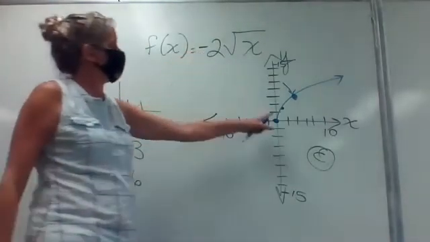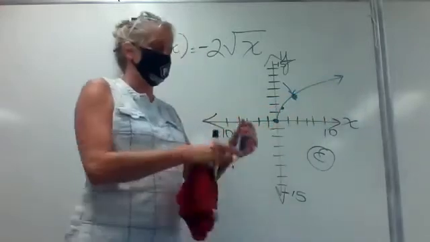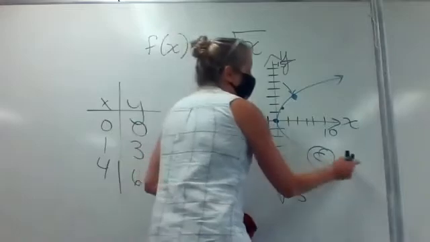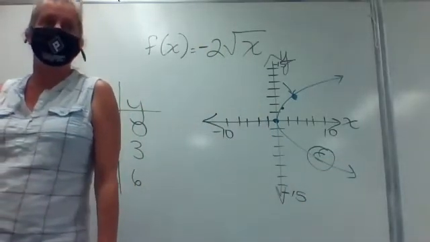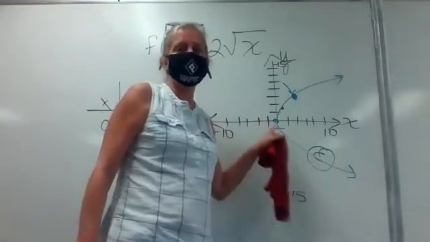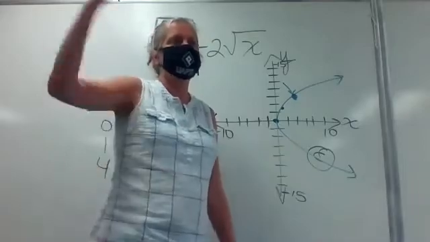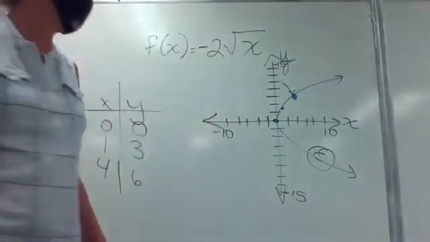What is this negative going to do to this square root shape? What does the negative do? It's going to flip it upside down, right? That's what the negative in front of the x does. There's actually only one graph that has the square root flipped upside down, isn't there? Yeah, only one of them does.